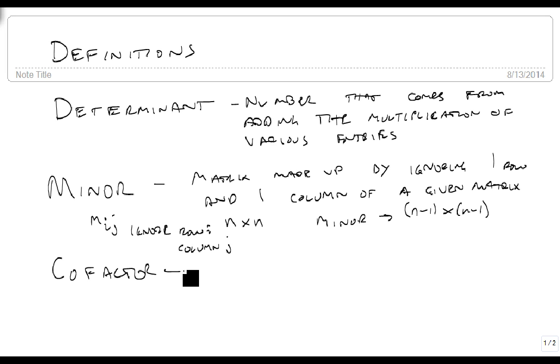The cofactor of an entry a_ij is given by minus 1 raised to the i plus j times M_ij. So for the cofactor, you take the minor M_ij, and you add i and j together, and you raise minus 1 to that power and multiply by the minor, and that gives you your cofactor.